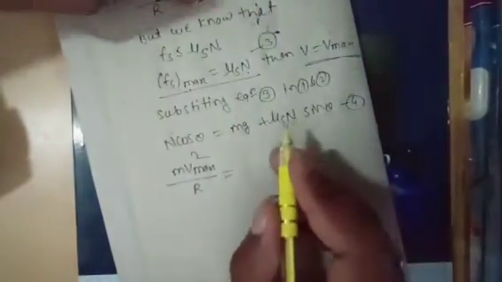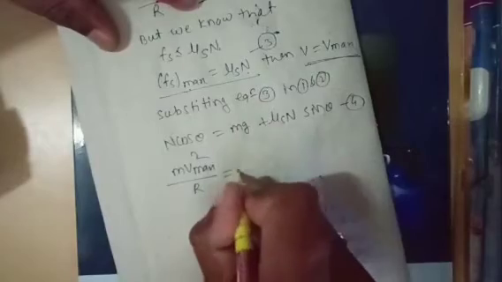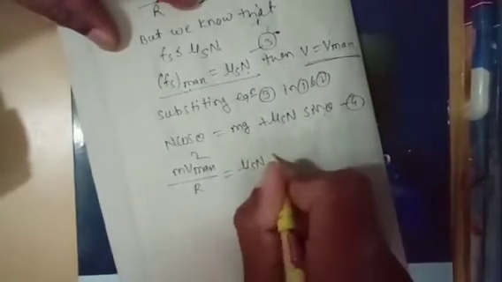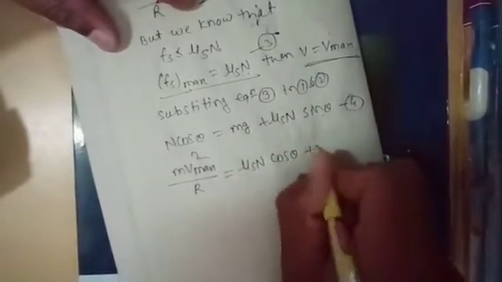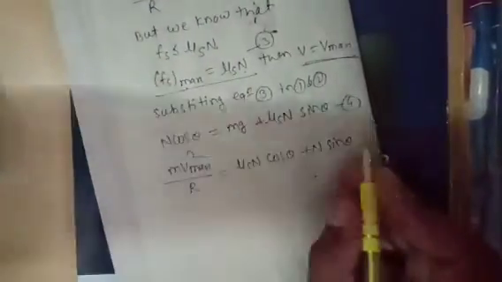Therefore m v maximum square divided by r is equal to mu s into N cos theta plus N sin theta. Now this is equation number 5.